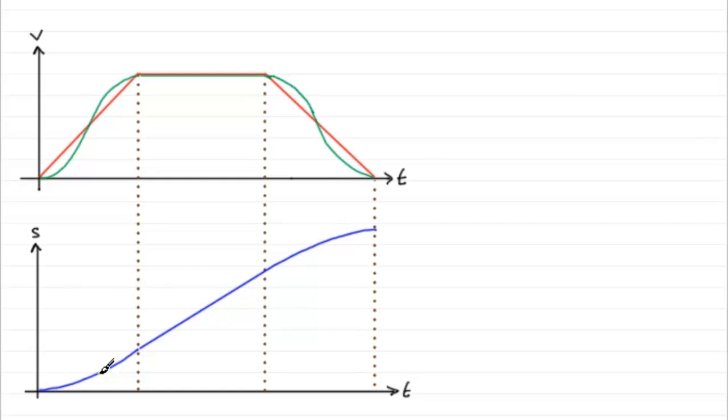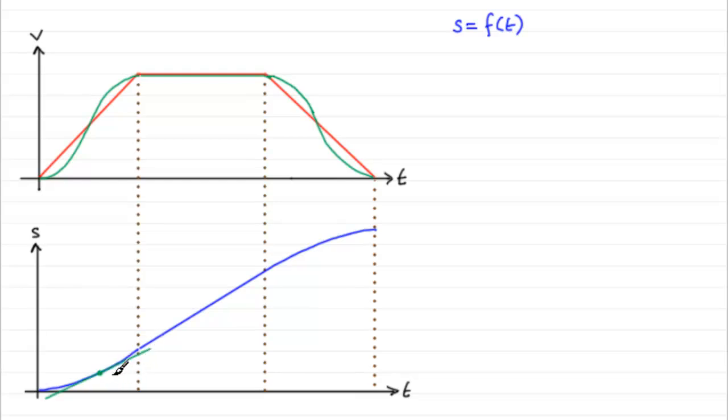Well, if we know the equation of the curve, let's say s is some function of time, then to get the gradient, let's just put a point here that we're interested in, we need to think of what the gradient of the tangent is at that point.